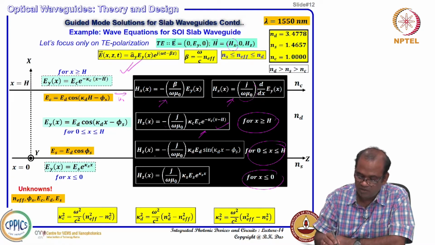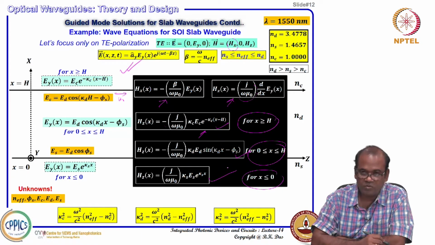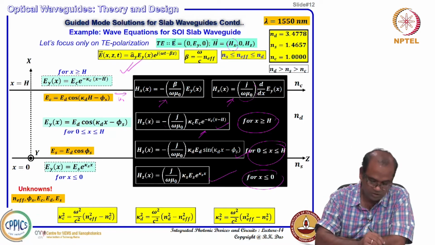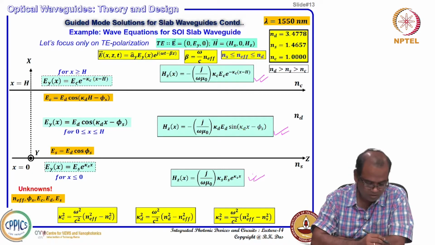Similarly, within the core region, that is the equation, and this is the equation for the lower cladding region. Straightforward, it is just coming from Maxwell's equations. Good.